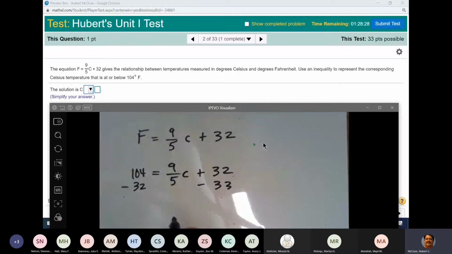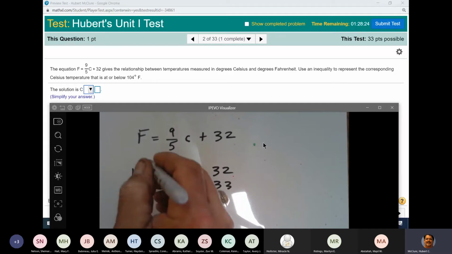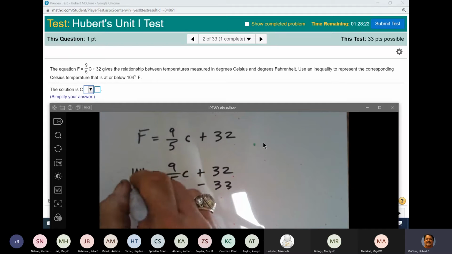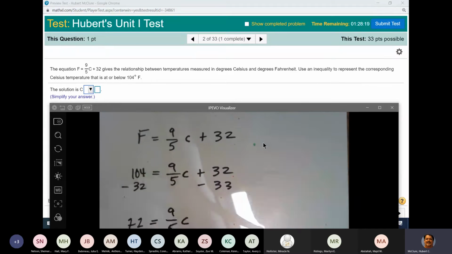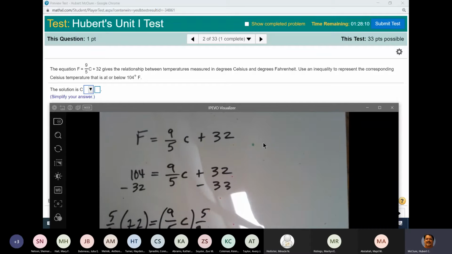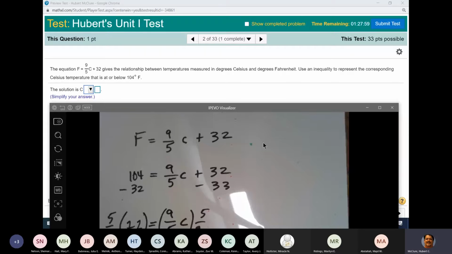Subtract 32. 9/5 C is equal to 4 minus 2 is 2, 10 minus 3 is 7, so 72. And then multiply by 5/9. Multiply by 5/9. And that's going to be 5 times 72 over 9. 9 will go into 72 eight times. So that's 8 times 5, which is 40.